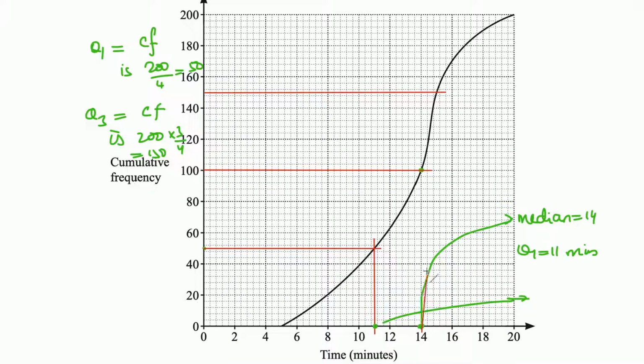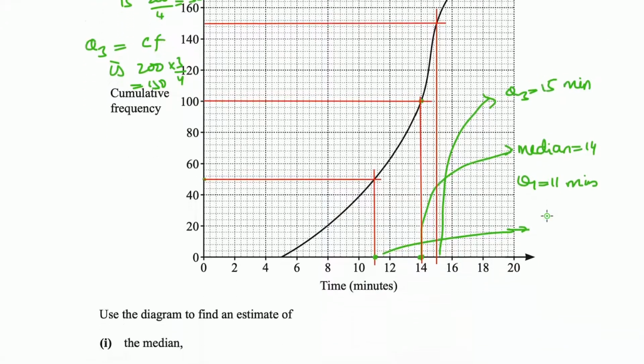So here this line is directly very easy to draw, and this line, let us first draw it and then we will adjust it. So it will be somewhere in the middle, and what we got is, this is the Q3 value. So Q3 would be 15 minutes, right? So now we have calculated all the three values.